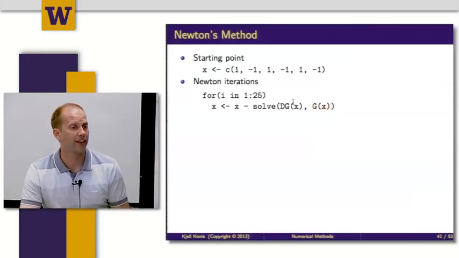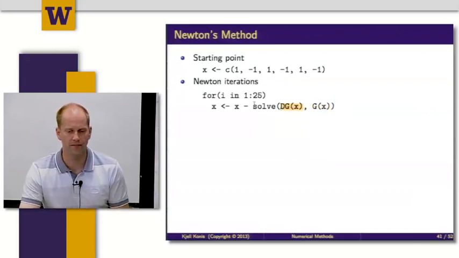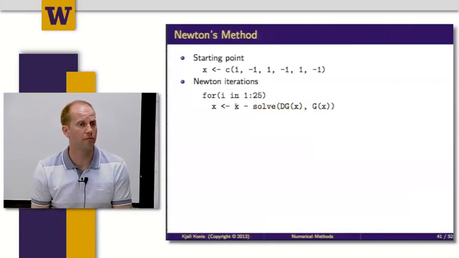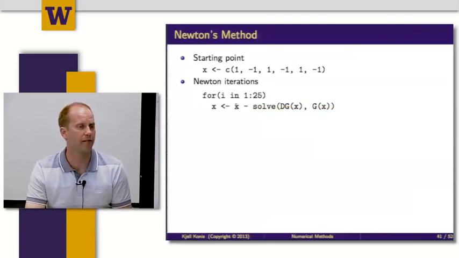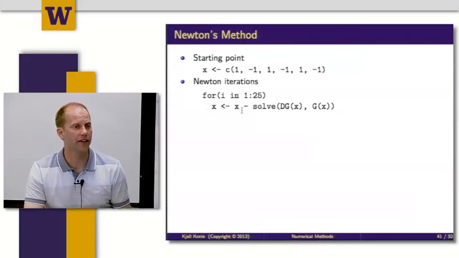But since I don't want to actually have to compute the inverse of this matrix, I'm just going to set it up as a linear system. This function solves that linear system, and that tells me what my improvement step should be to get from xk to xk plus 1. And then instead of saving all of the xk's along the way, I'm just going to write xk plus 1 into the same piece of memory that was holding the xk.